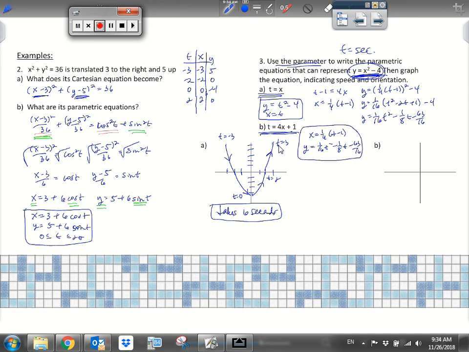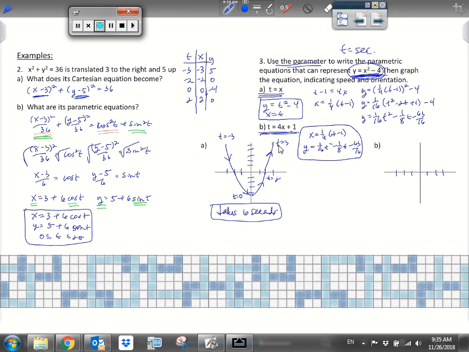With a different parameter, we get different equations. Strangely enough, it's still going to create the same graph, this exact same one. So what I want is to know when x is -3, that's my starting point. When x is -3, what would I have to make t in this rendition for x to be -3?